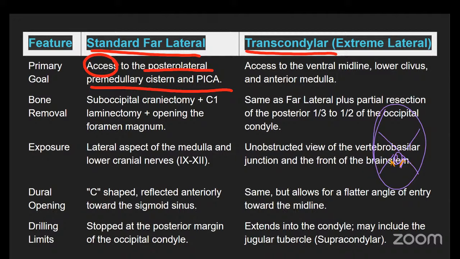When we are doing the standard far-lateral approach, we can approach till this portion, but this bone here is going to obstruct our view to the anterior pathologies. So when we end up drilling this portion, it removes the obstruction that is obstructing our vision. I'll show you in the future slides so that that aspect is clear as well.